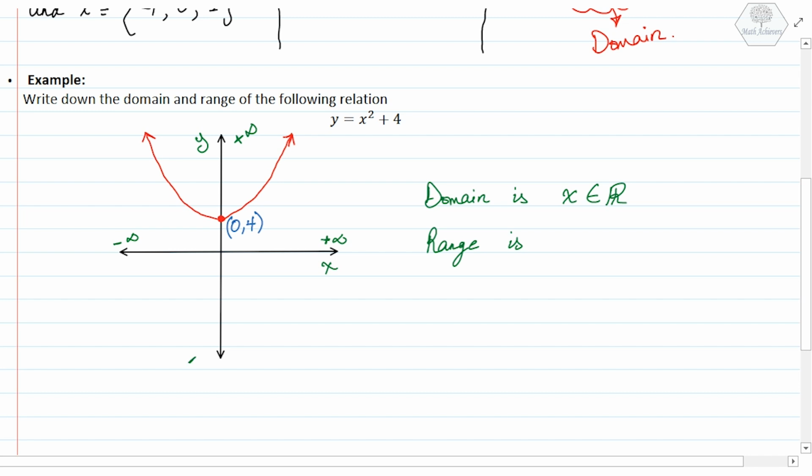But what if I check when y goes to negative infinity? Does the curve go down to negative infinity? No, it doesn't. What's the lowest value for y? The lowest value for y is this minimum point, which has the value of 4. So I can understand that the values of y lie between 4 and positive infinity. So the range is y is greater than or equal to 4.